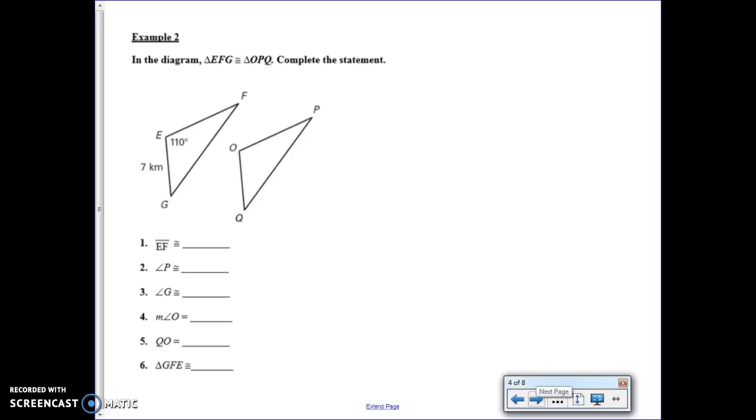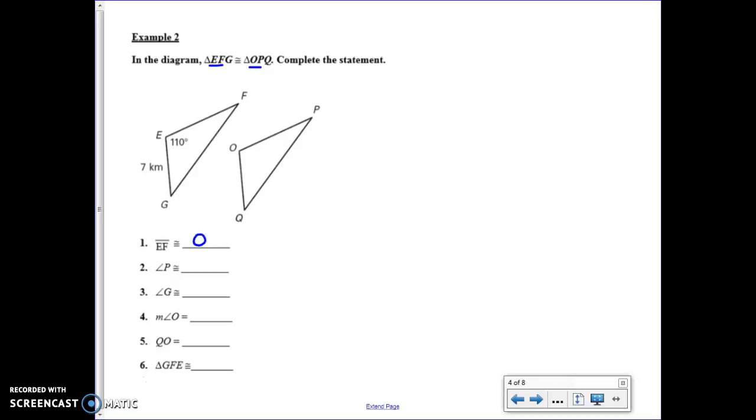Okay, so in the diagram, triangle EFG is congruent to triangle OPQ. Complete the statements. Okay, so we're looking for EF is congruent to, so two places you can look. You can look in the picture and see where it looks like EF matches up, or you can go up here and say, okay, EF is the first two letters there, OP is the first two letters there.